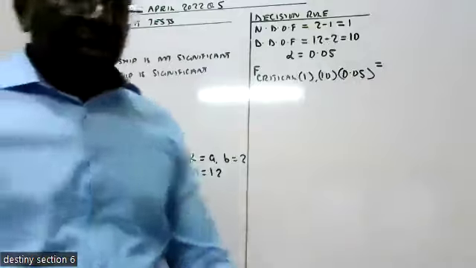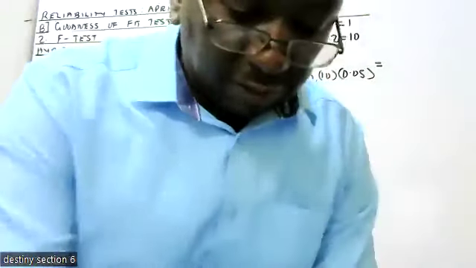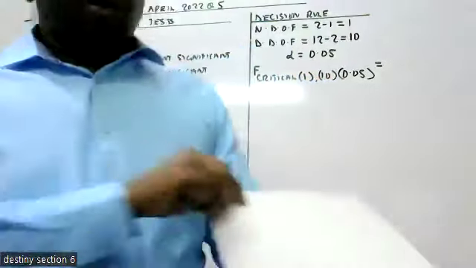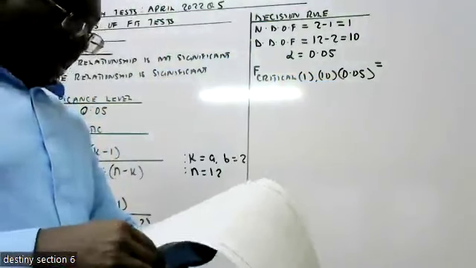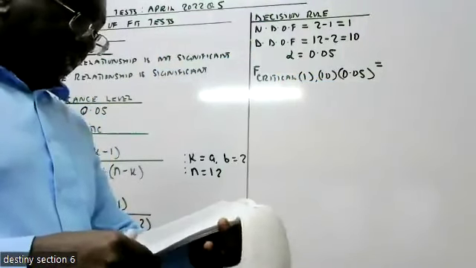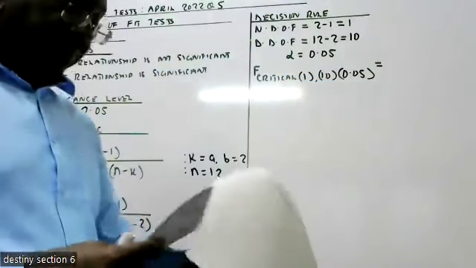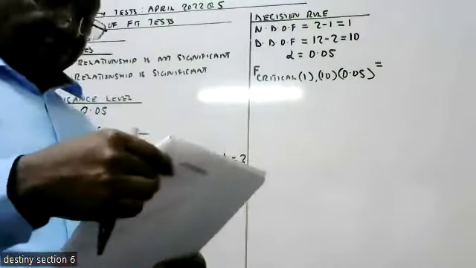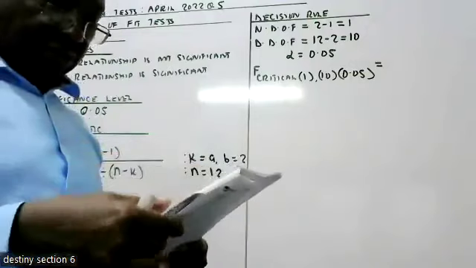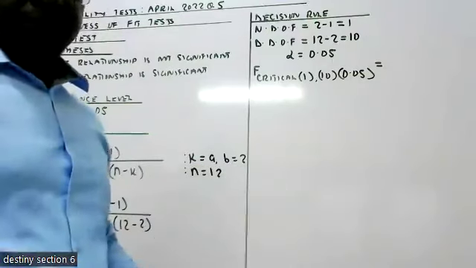Now I want you to go to your tables at the end, and check whether you can see a table written significance points of F. Significance points of F is on page 72, table 4.